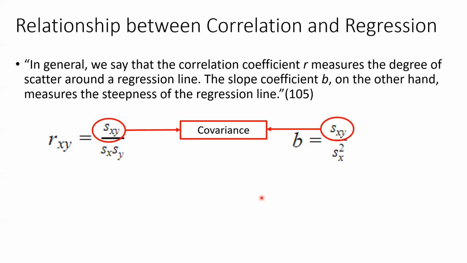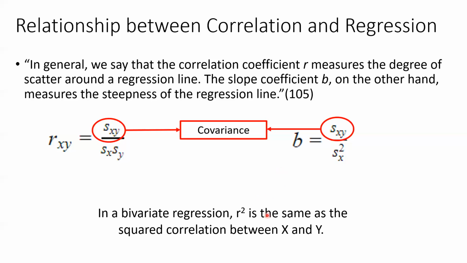And so, for bivariate regression only, we can use the R value and square it, and it's the same as our R squared value. So in bivariate regression, R squared is the same as the squared correlation between X and Y. This is not true of multiple regression, since each individual independent variable will have its own correlation, its own B value.